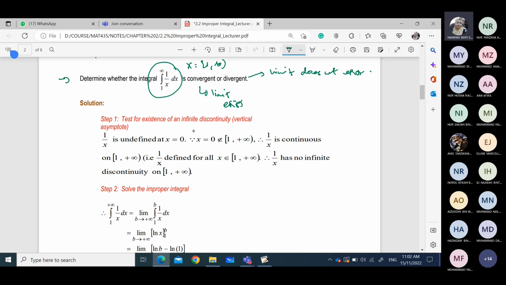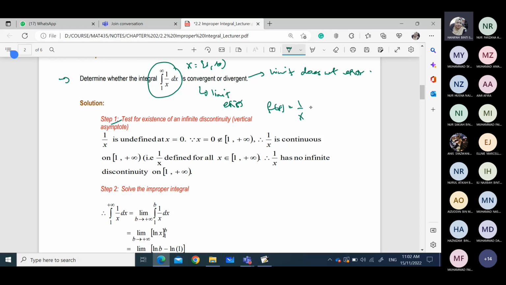As a solution, the first step is to test for the existence of infinite discontinuity. For step 1, we need to test the discontinuity of this function, which is 1 over x.